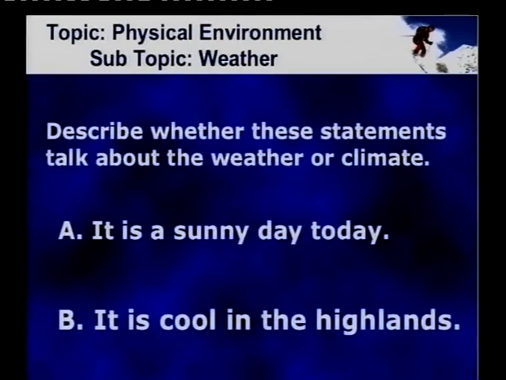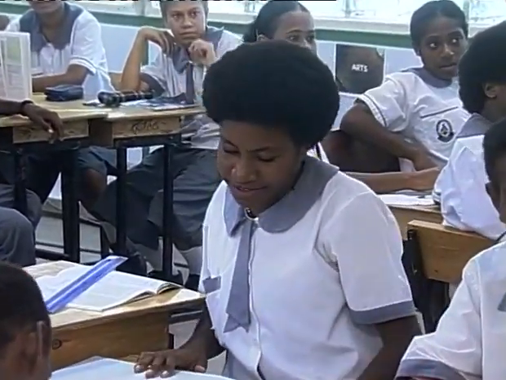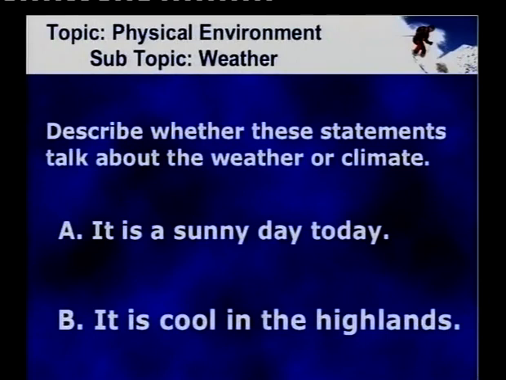All right, Suleng. It talks about the weather. All right, it talks about the weather. Do you agree with Suleng? Yes. Okay, why does it talk about the weather? Hands up. Receiving students, if you say statement A is to do with weather, then why? Quickly. Why is it talking about the weather? It is a sunny day today.